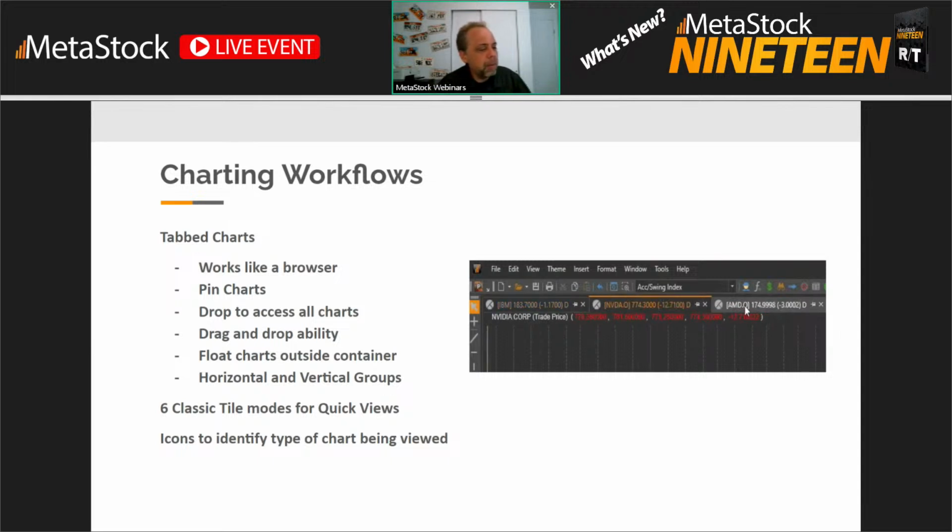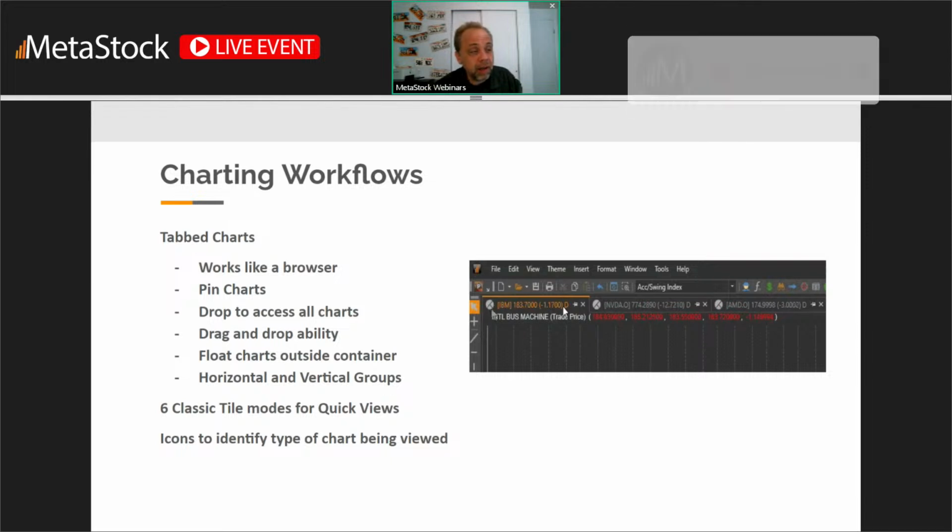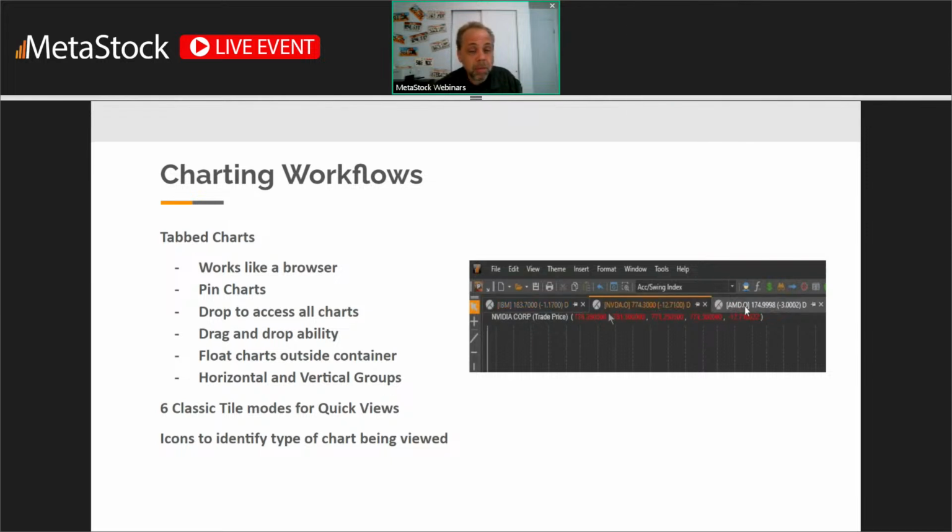The other thing that's a little bit of a dress-right thing is we've also tried to make the MetaStock interface a lot cleaner. And I think you'll notice that as we go through. Instead of having it say smart charts, there's an icon that just denotes that this is a smart chart or a chart or a layout instead of spelling that out for you.